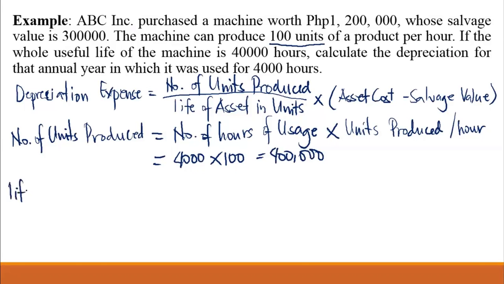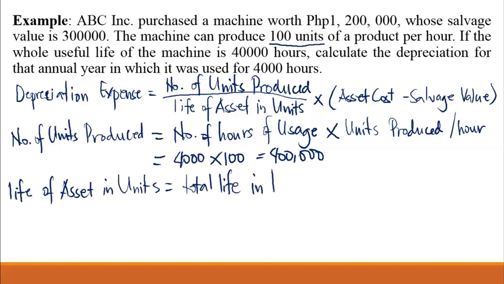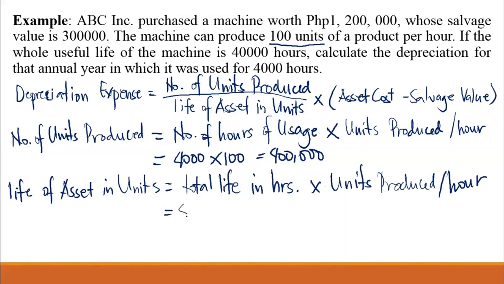And we have the life of the asset. Okay. So, life of the asset in units, which is equal to the total life in hours times the units produced per hour. Okay, so ano yung total life in hours niya? So nakuha na natin siya, which is equal to 40,000.